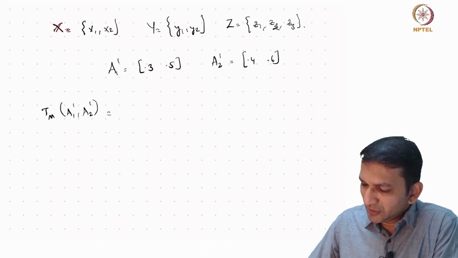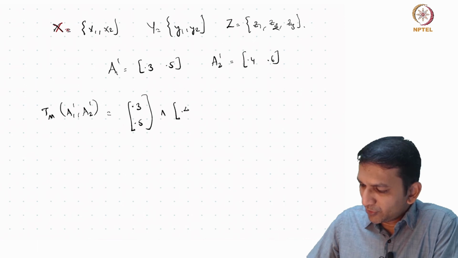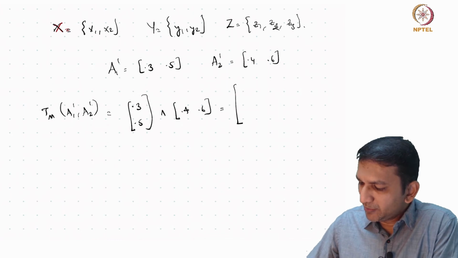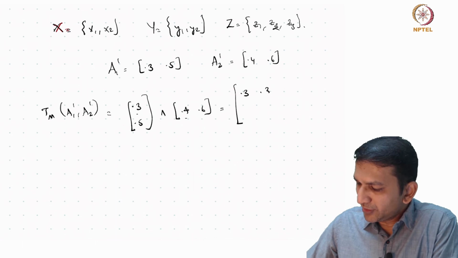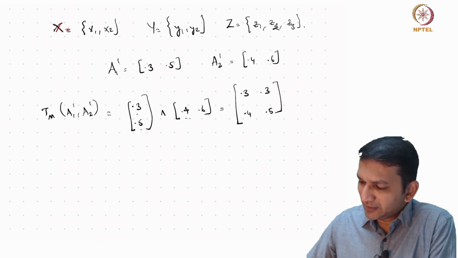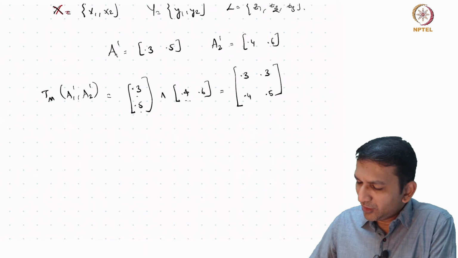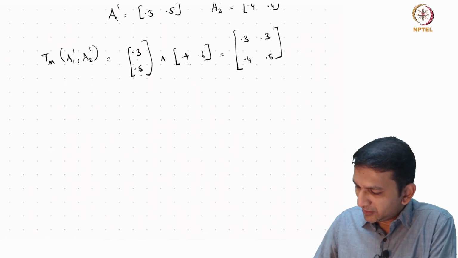Once again, this is essentially taking the outer product, it's 0.3, 0.5, min with 0.4, 0.6. So what we obtain is the minimum between 0.3 and 0.4 is 0.3, 0.3 and 0.6 is 0.3, 0.5 and 0.4 is 0.4, 0.6 and 0.5 is 0.5. So let's take this. And now what we want is, let's call this S. Let's replicate this here.